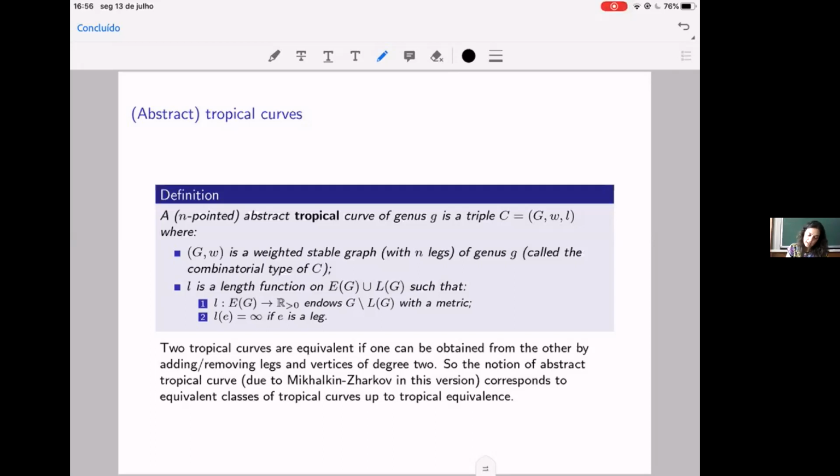If you consider tropical curves up to tropical equivalence, you get to this definition of abstract tropical curves. So this corresponds to tropical curves up to tropical equivalence.